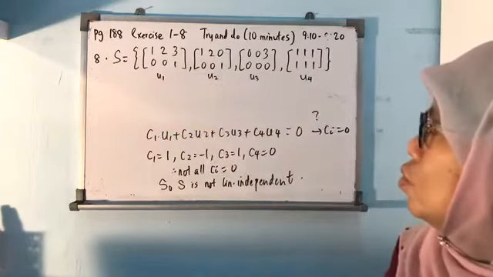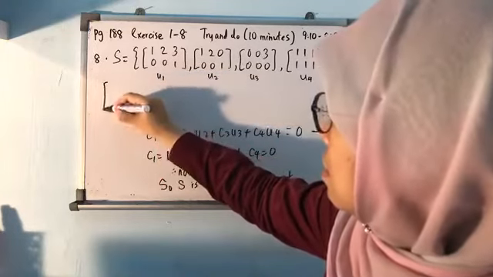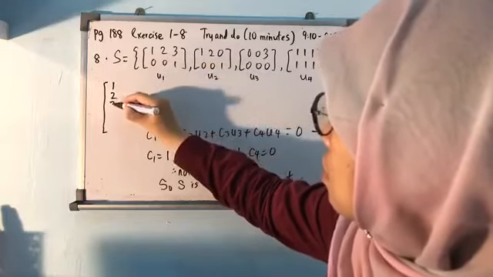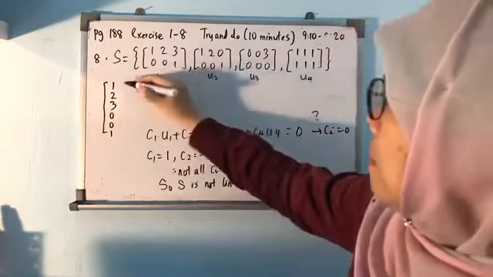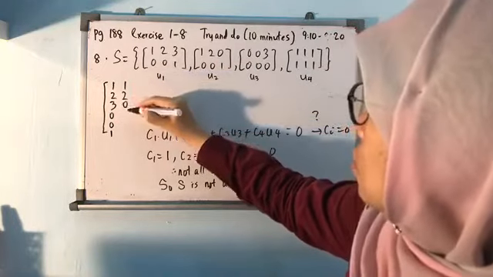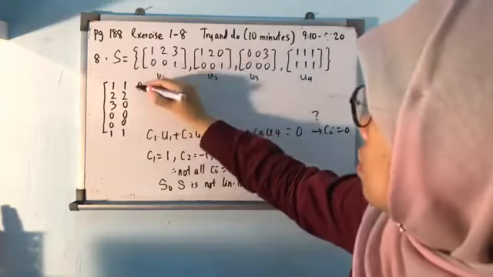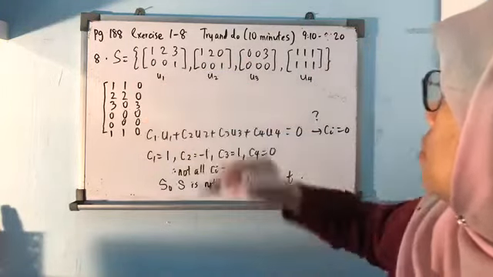So what we have to do is, ni lah kan, macam chapter 2 tu, tapi panjang lah. 1, 2, 3, 0, 0, 1. Okay. 1, 2, 0, 0, 0, 1. 0, 0, 3, 0, 0, 0.